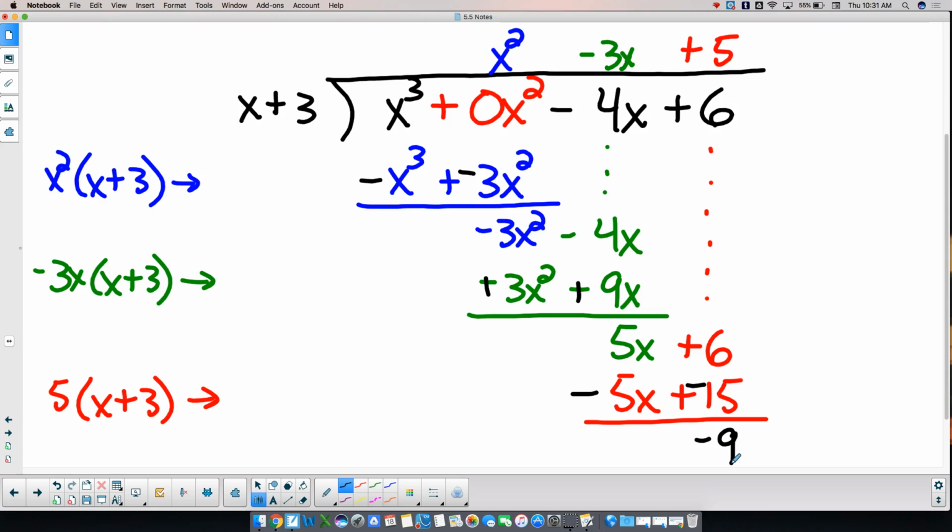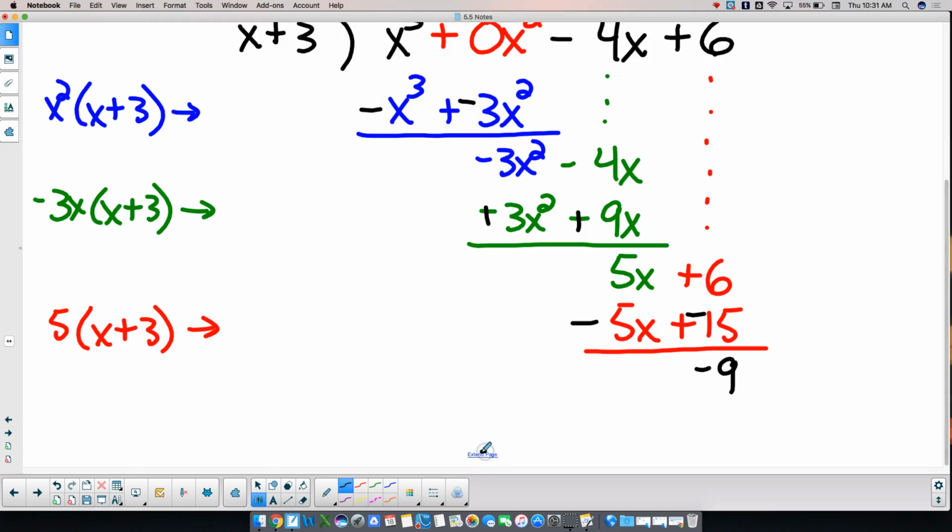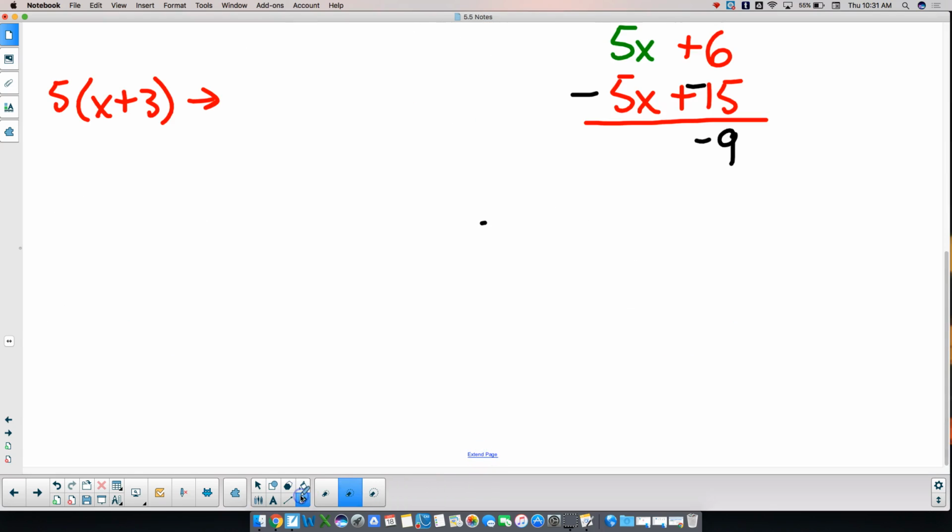Did you get stuck? I got x squared. It is minus 3x plus 5.